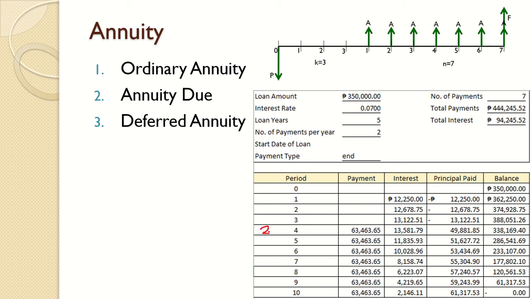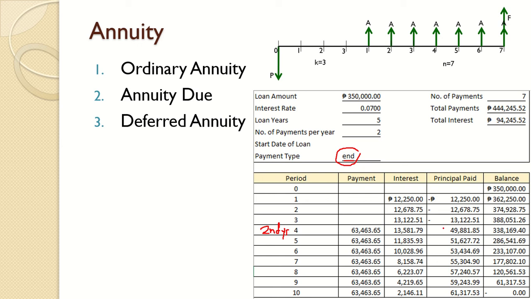It starts at the beginning of the 3rd year, but we're not using the term beginning because it is deferred, so we'll use end. Meaning you paid at the end of the 4th period.